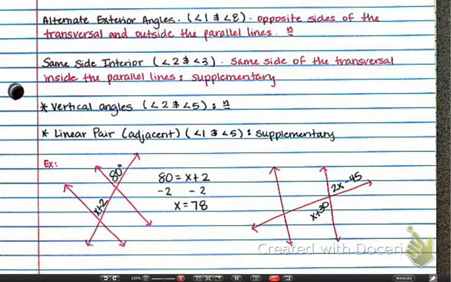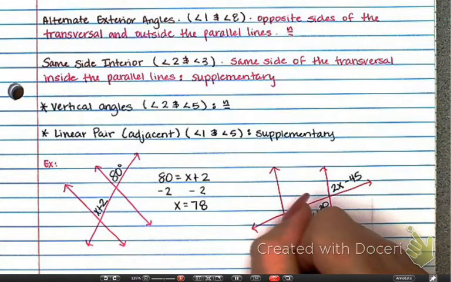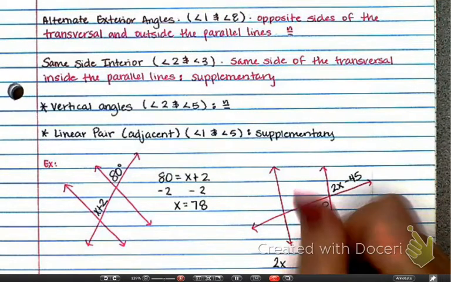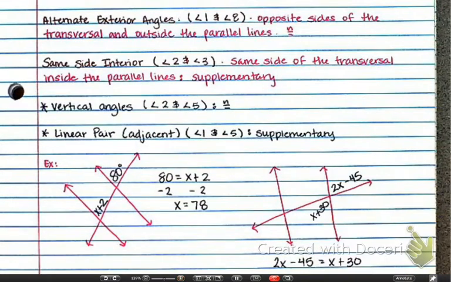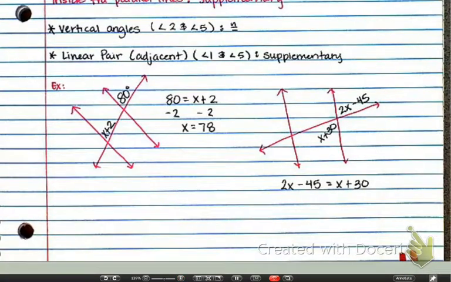What kind of angles are those? Vertical angles, and vertical angles are congruent. So again, we're going to set them equal. So 2x minus 45 equals x plus 30. What should we move first?